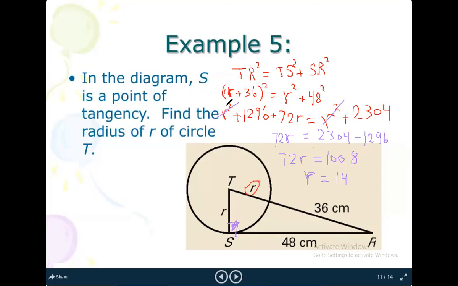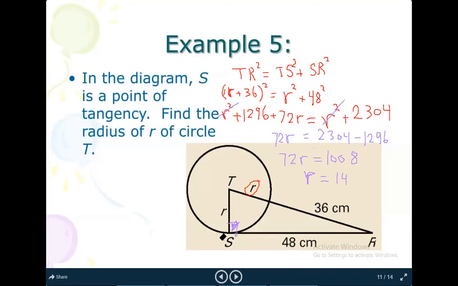For the perfect square number, you will multiply R times itself, R times R, it will be R square. 36 times 36, it will be 1296, and then multiply all together, it will be 72R. And the other side, and then cancel R square with R square, and then continue to solve the equation.